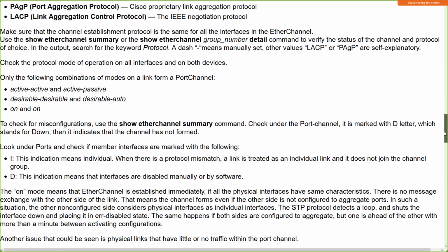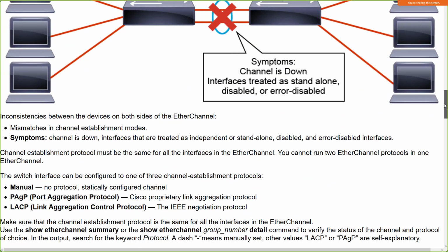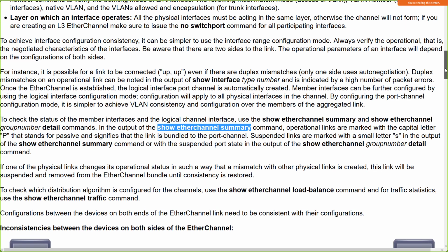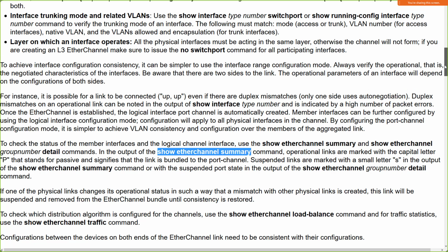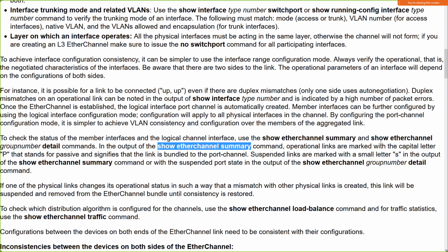All right. So what would I see? Let me see if we have any designations here. Right. So an S would indicate that the port is suspended in the EtherChannel. P would indicate that the port is bundled in the EtherChannel.